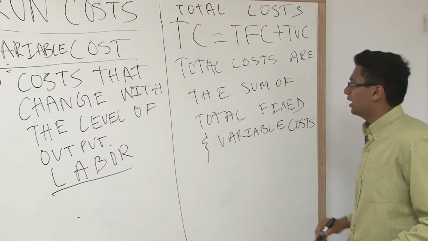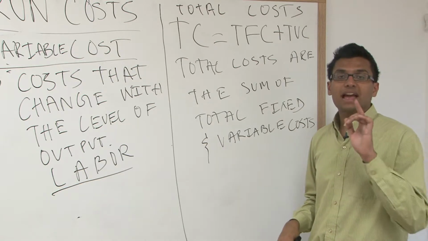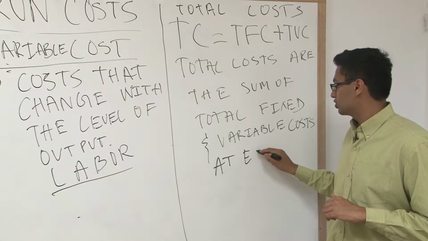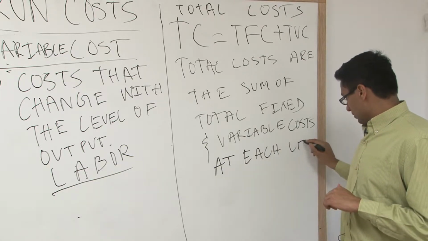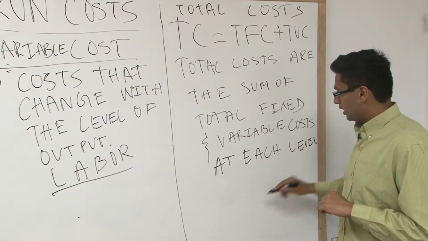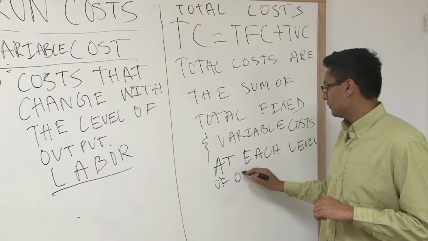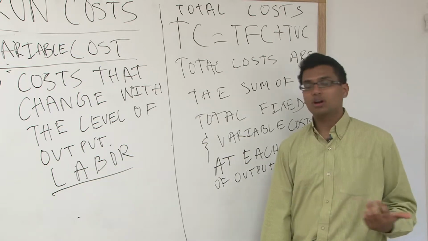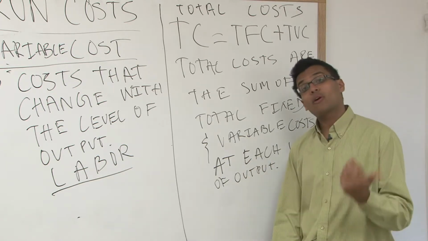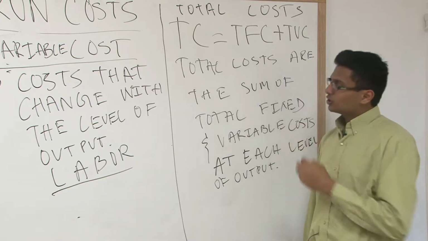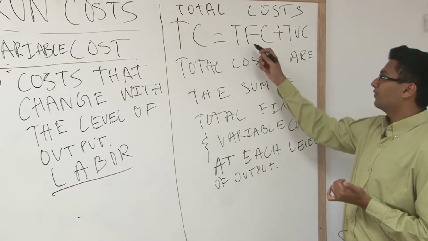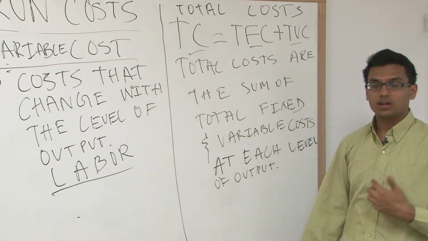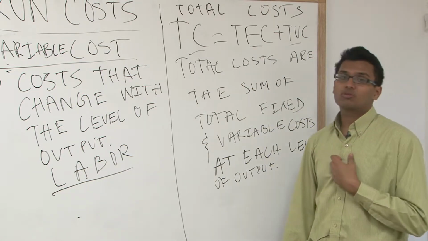The other kind of warning I have is that it's at each level of output. That's one thing we have to say: at each level of output. Why? Because every time we change the level of output, it changes. If I have 2 workers that produce more, that's going to be a different cost than if I have 1 worker. So we talked about TFC, which is the total fixed cost. We talked about TVC, which is variable, and then together they form the total costs. These are important in understanding short-run costs.